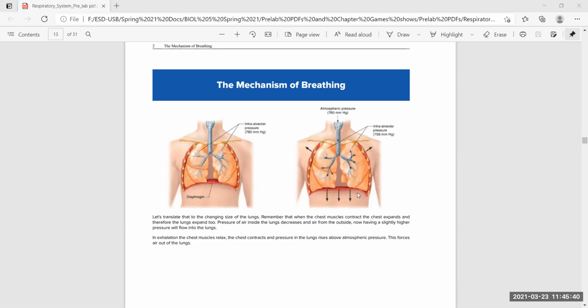And when the external intercostal muscle contracts, the thoracic wall goes outward, and that's how you increase the volume of the thoracic cavity. And once you increase the volume, according to Boyle's law, what happens? Intra-alveolar pressure decreases from 760 millimeters of mercury to 750 millimeters of mercury. That means pressure is decreased. That's why air is coming inside, and that is inhalation.